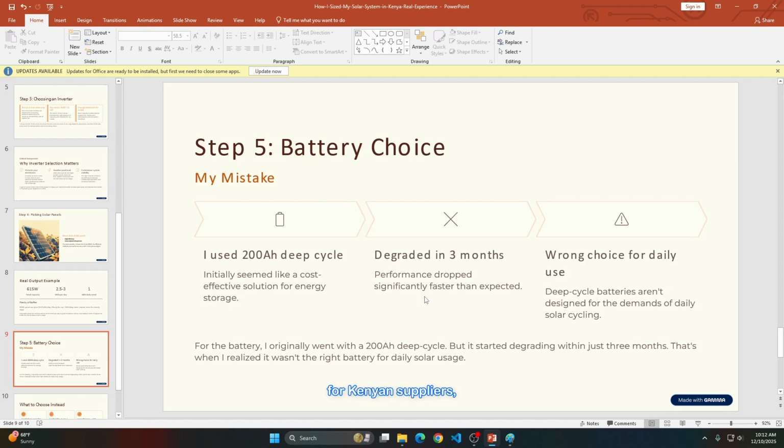But for Kenyan suppliers, I think with these deep cycles, because this one degraded so fast, it's not about the deep discharge, I think it's about being fake, I don't know. So I went for a 200Ah battery on a 12 volt system.